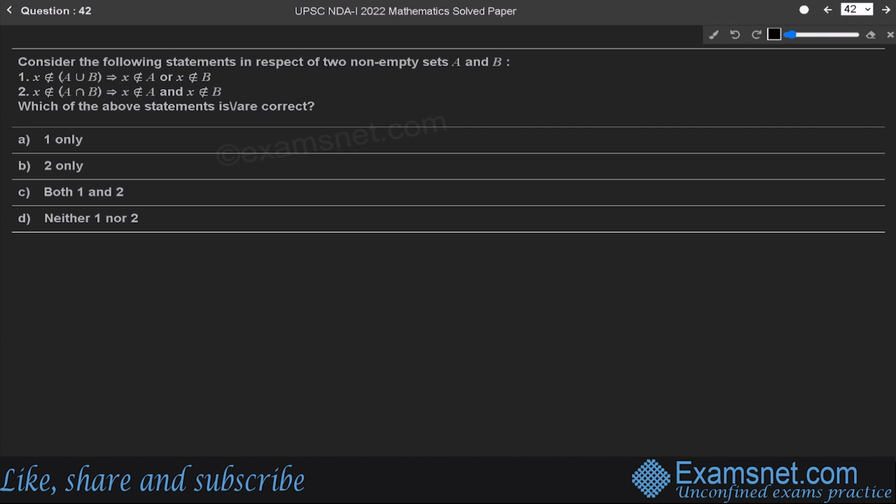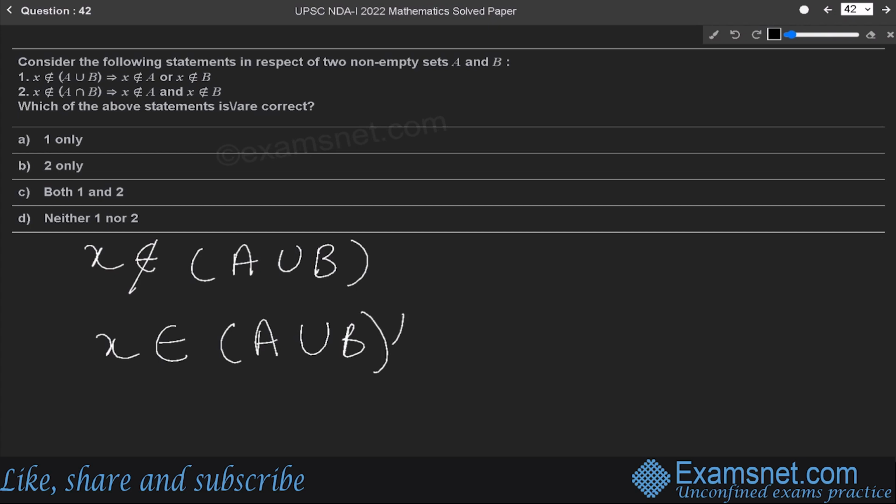The first statement is x does not belong to A union B. If it does not belong to A union B, it will belong to the opposite of it, which is (A union B) complement. Is it clear?